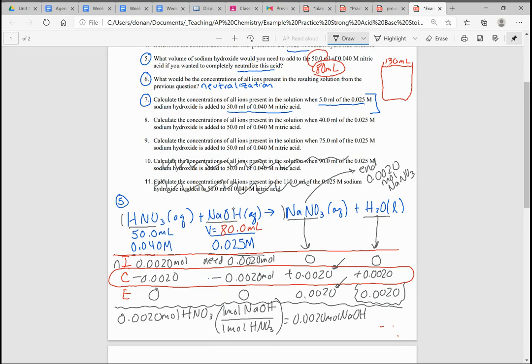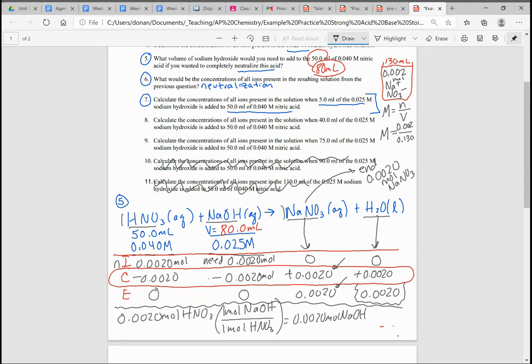Okay, so in my beaker, that's going to separate out. I'm going to have 0.002 moles of both sodium ions and nitrate ions. And so when we calculate concentrations, remember the concentration is equal to the number of moles over the volume. So the concentration of these two ions is going to be 0.002 divided by 0.130, our 130 milliliters.